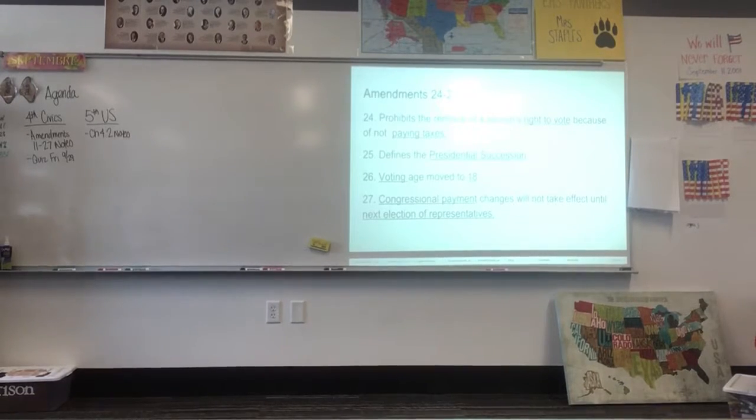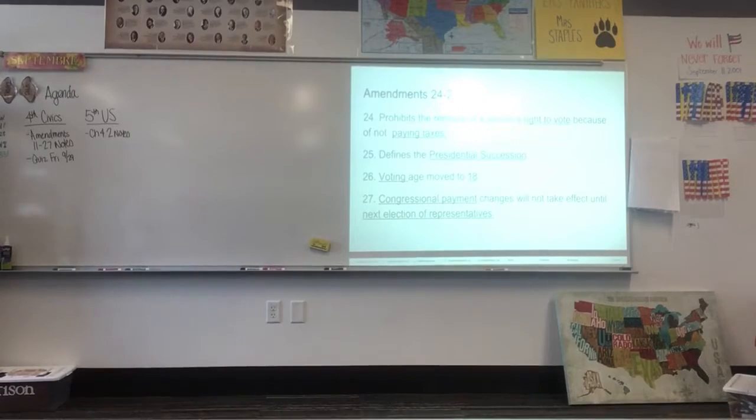Number 25 defines presidential succession. So let's say the president passes away. Who takes over for him? The vice president. Let's say, unfortunately, the president and the vice president both die at the same time. Who takes over for them? The Speaker of the House. So he's third in line.